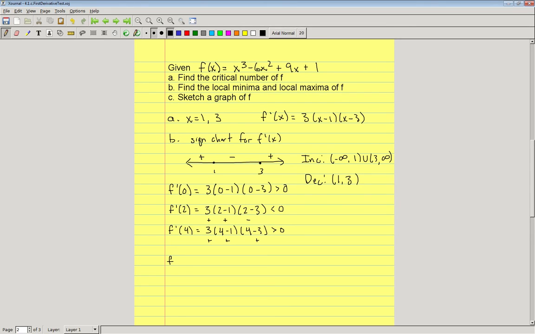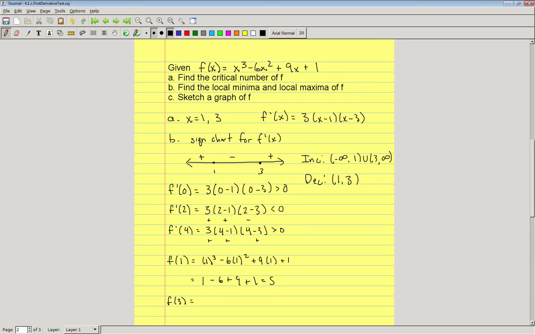In order to determine those values, we evaluate the regular function at 1 and at 3. So we're going to get 1 cubed minus 6 plus 9 plus 1. So we get 1 minus 6 plus 9 plus 1. And if we simplify, we get 5. Next up, we evaluate the function at 3.